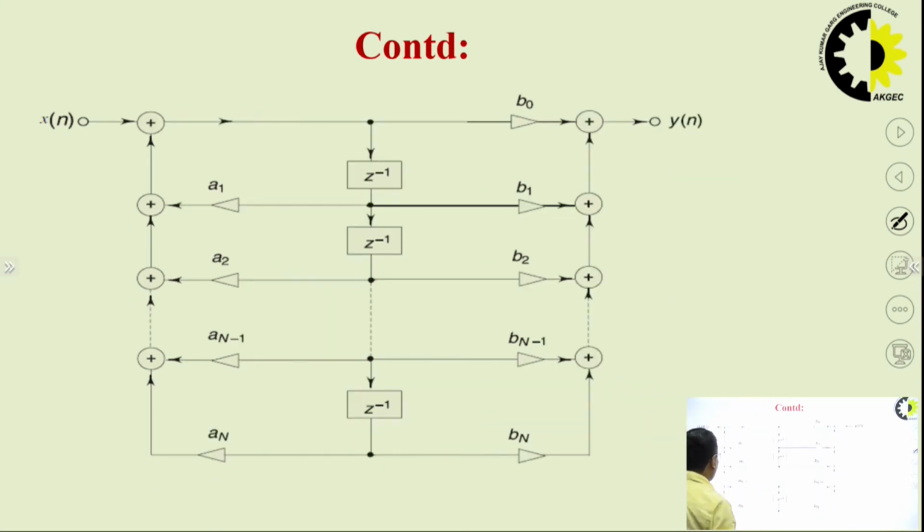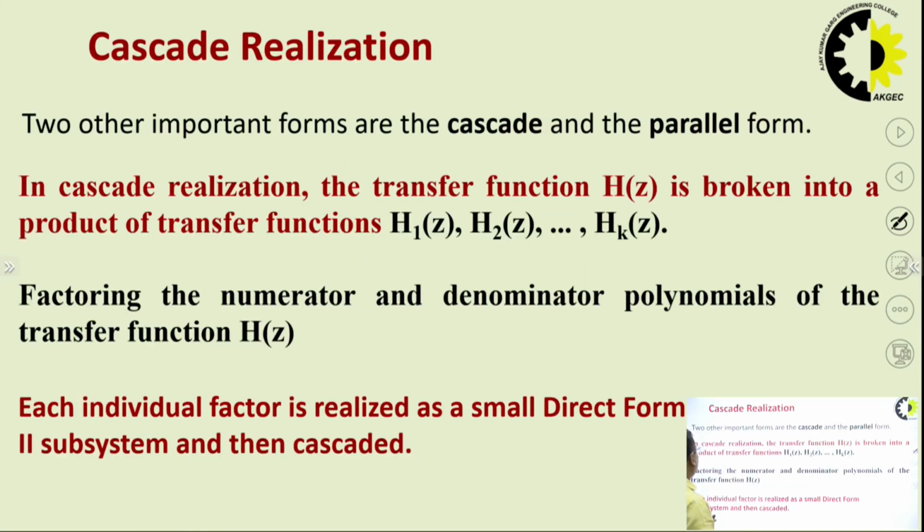This final structure you will get using the direct form 2 structure. These direct form 1 and direct form 2 are the two basic realization methods that you have to use at the time of realization of an IIR digital filter.